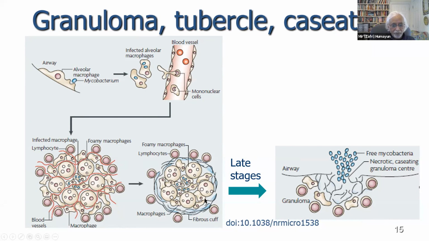What's a tubercle? A tubercle is a mature granuloma which has further been fortified by calcium deposits so that it becomes radio-opaque. Radio-opaque means it can be seen from X-ray scattering on an upper thoracic chest X-ray.